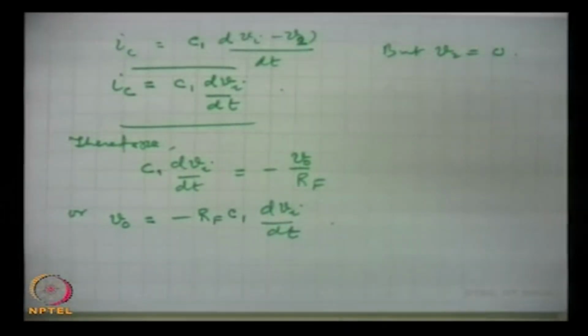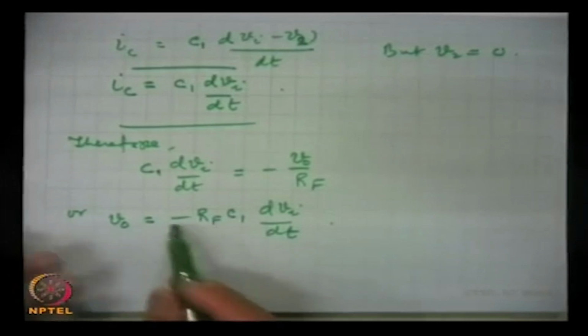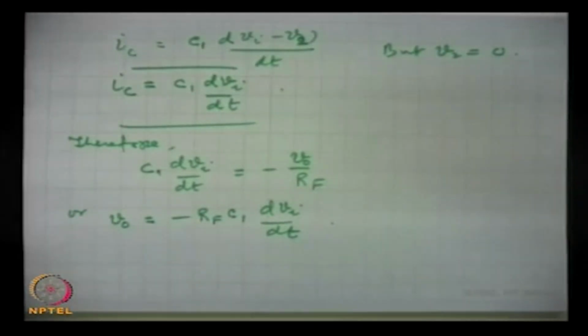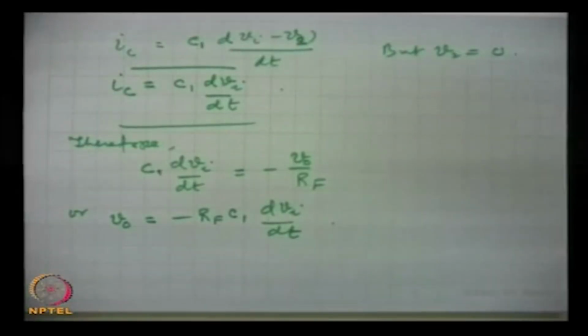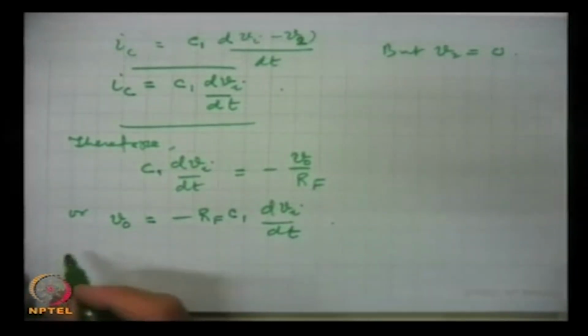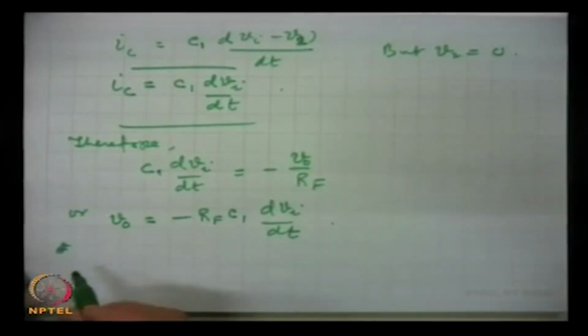This is what we said in the beginning, that this is all constant, and this sign inversion does not make a difference. This also we have been talking, and so the output is proportional to the rate of change of input.